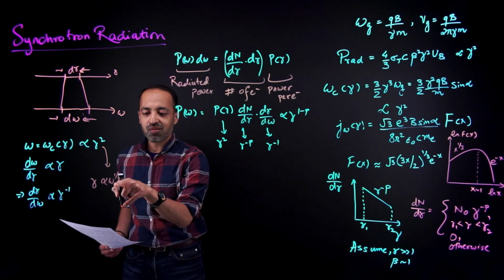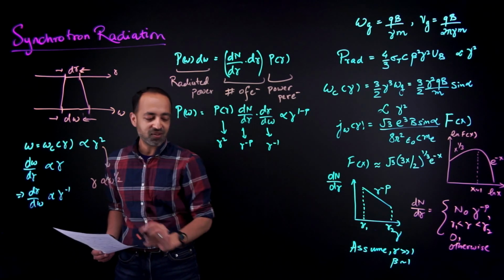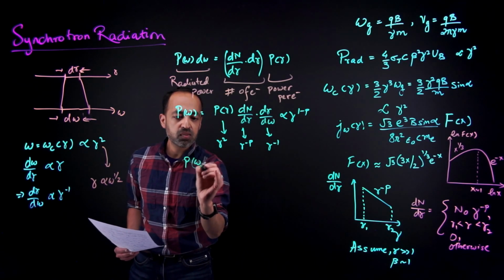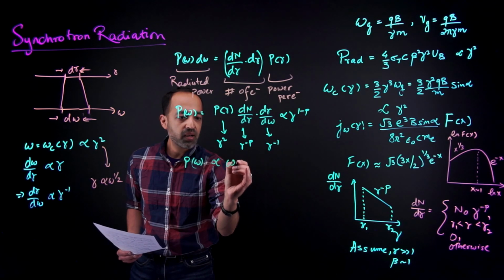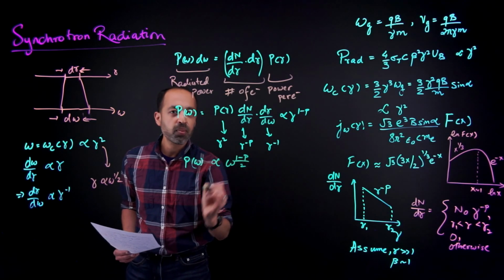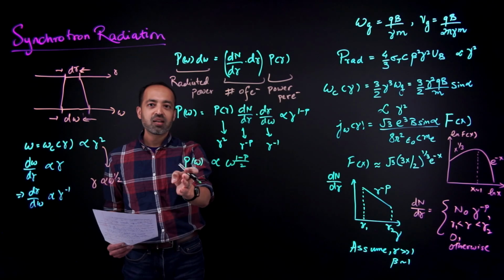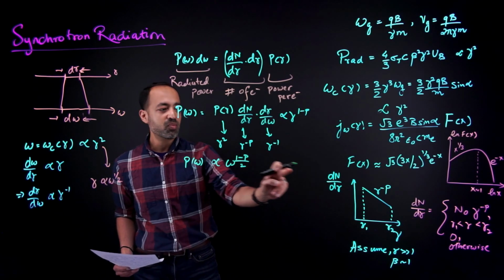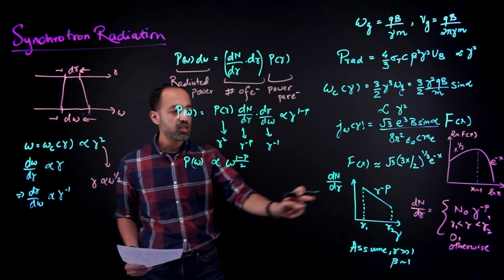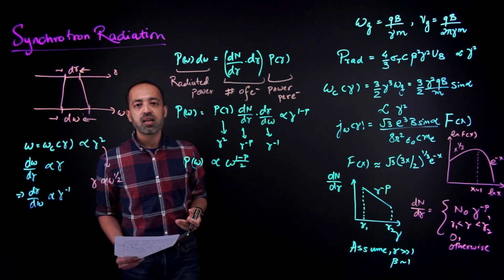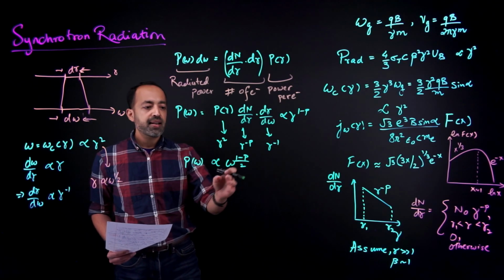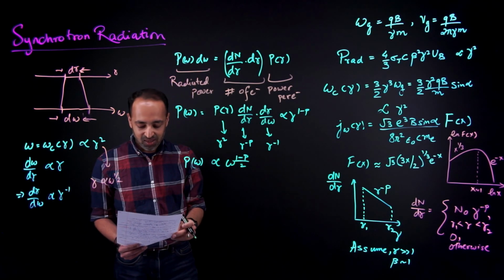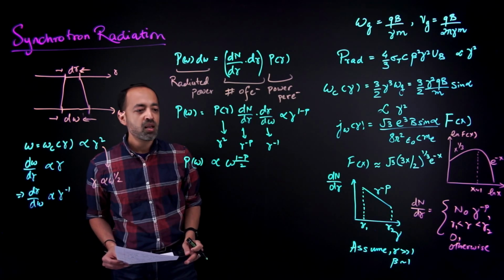This is the frequency at which the electron is radiating, and this is its Lorentz factor, which means that our P omega is proportional to omega to the (1 minus p) over 2. And so, as promised, the radiation spectrum from a power law distribution of particles is a power law, and it depends upon the electron energy index. So this p is sometimes called the electron energy index or the electron distribution index, and it's the slope of this distribution. And so the radiation spectrum that you get out also depends upon the slope of this distribution.